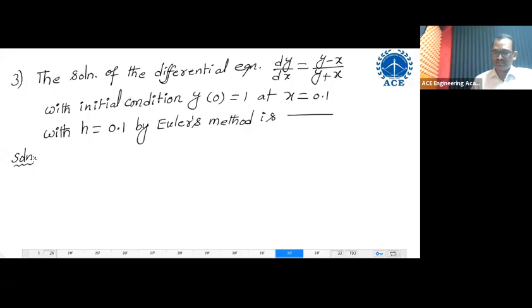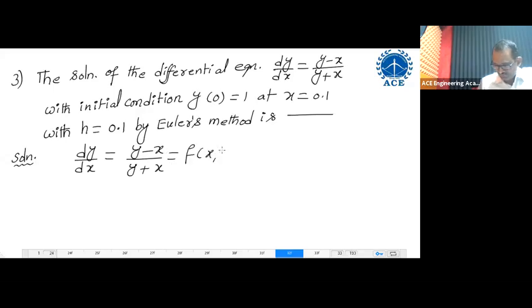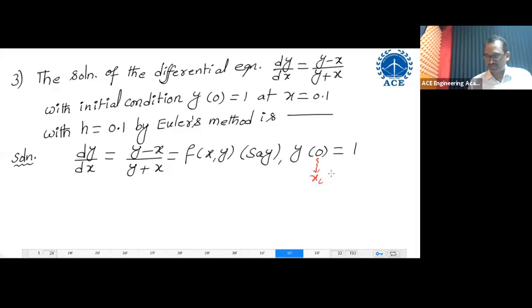As we discussed already, first of all, the given differential equation is dy by dx is equal to y minus x by y plus x. The general form of the differential equation is dy by dx is equal to f of xy with initial condition y of x naught is equal to y naught. Please remember, initial condition y value at x naught should be y naught.